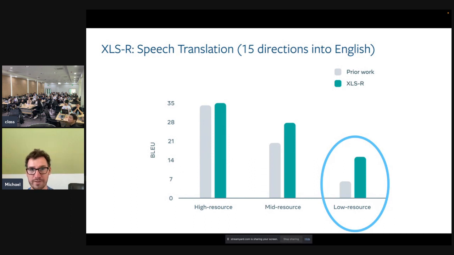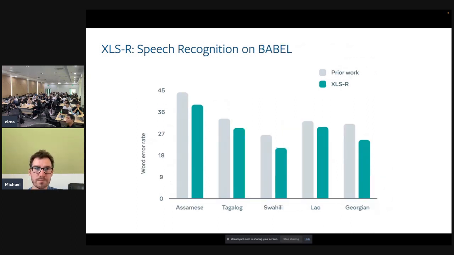In the high resource setting, there was still a bit of an improvement, but most of it was in the mid resource and particularly the low resource setting, where we moved from some languages not working at all to actually being usable. There were similar nice improvements on speech recognition, for example Assamese, Tagalog, Swahili, Lao, Georgian, etc.